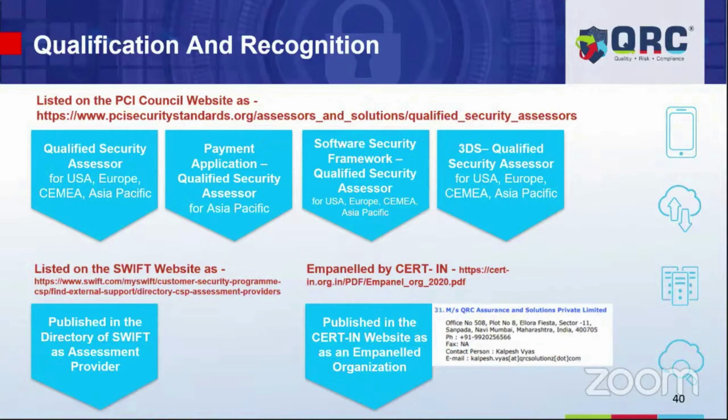We have the Payment Application Qualified Security Assessor for Asia Pacific, Software Security Framework Qualified Security Assessor for USA, Europe, CMEA, and Asia Pacific, and the 3DS Qualified Security Assessor for USA, Europe, CMEA, and Asia Pacific, all of which can be found on the PCI Council website. We have also been published in the directory of SWIFT as assessment provider, which can also be found on the SWIFT website. And we were also published on the CERT-In website as an empaneled organization, which again can be found on the CERT-In website. Next slide, please.